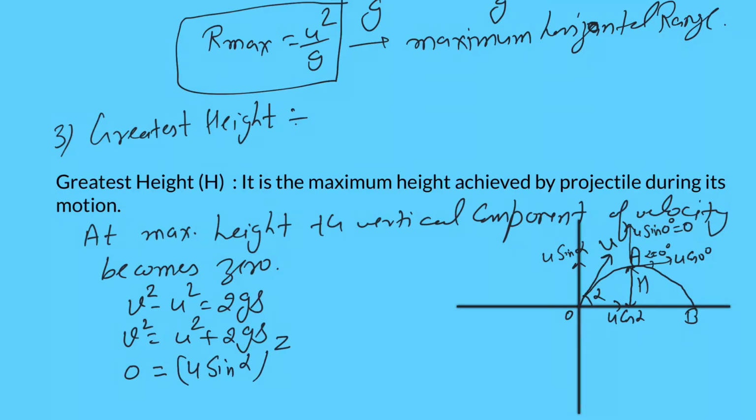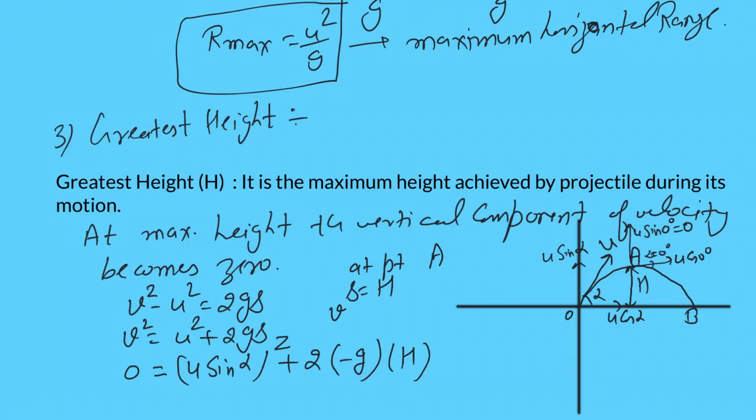The vertical component is being taken because we are dealing with the height, and since the motion is against gravity, this is minus g, and at point A, s is equal to h.